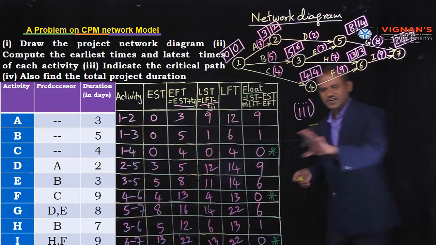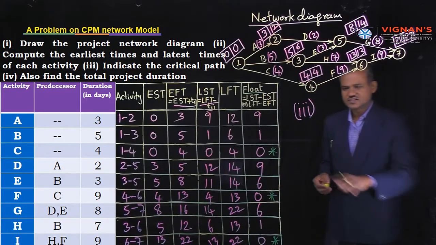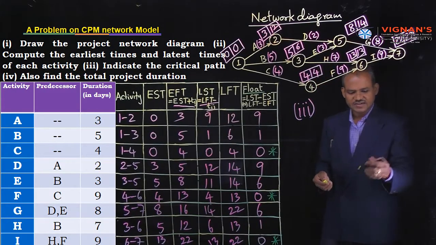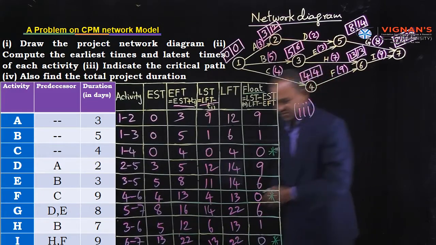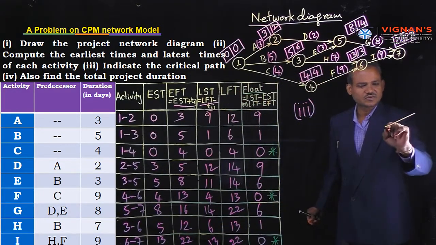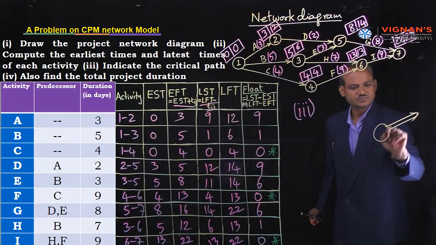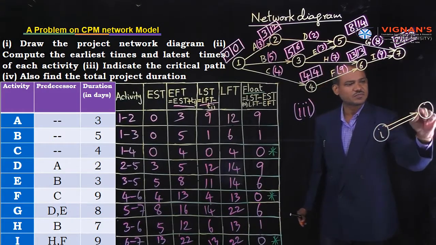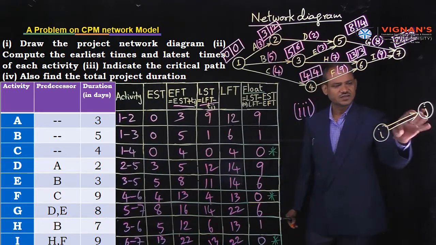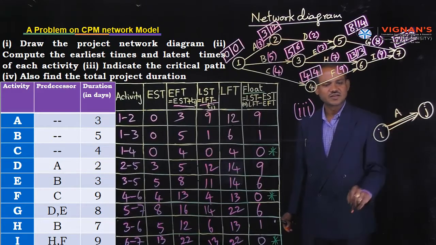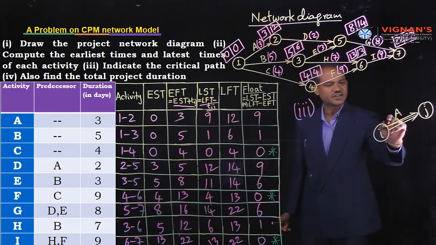Therefore, after identification of zero float activities, known as critical activities, that critical activity should be shown by an arrow like this. This is the critical activity indication. For some activity ij, for example a critical activity, the indication is a double arrow line.